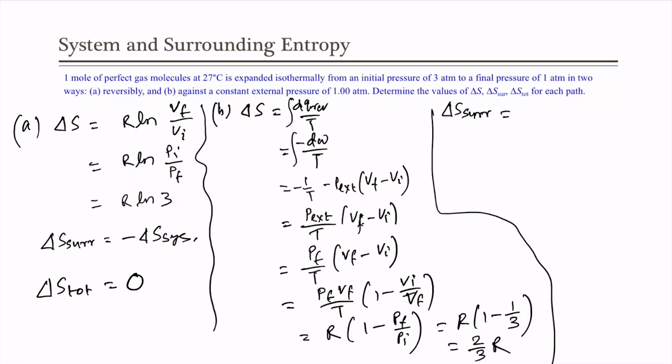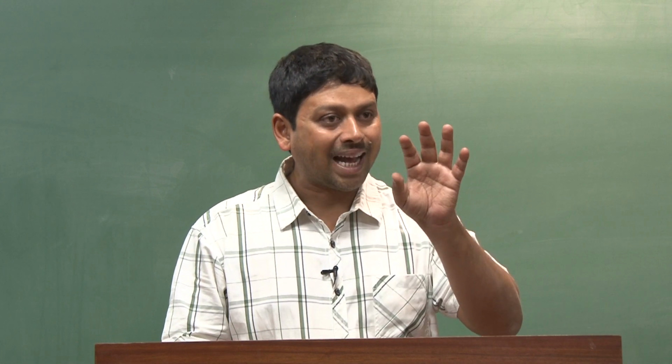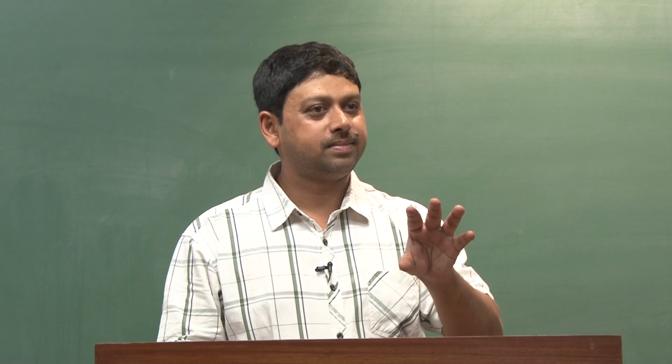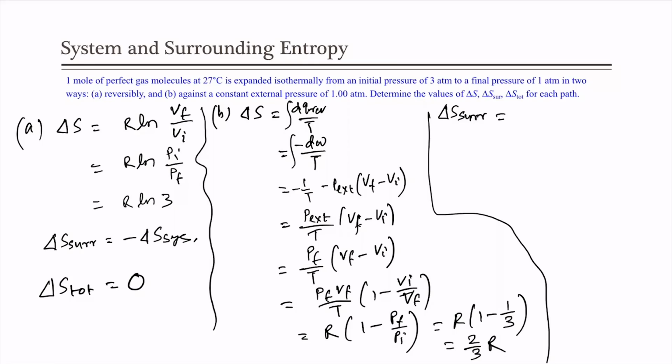In the first case, problem A, it is happening reversibly, so the system and surroundings entropies are equal and opposite. But the second is happening irreversibly, and in an irreversible process, to calculate the entropy of the system we have to choose a reversible path. Which means in case B, the system entropy is the same one as R ln 3, whereas the surroundings entropy is the negative of this particular quantity.